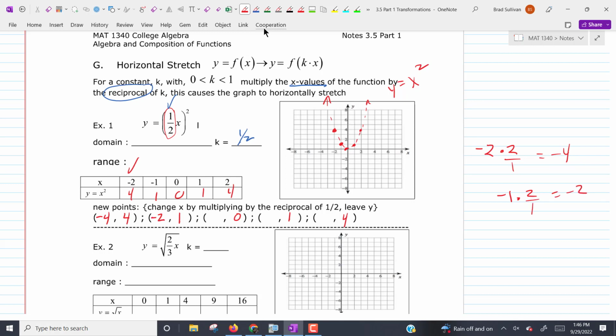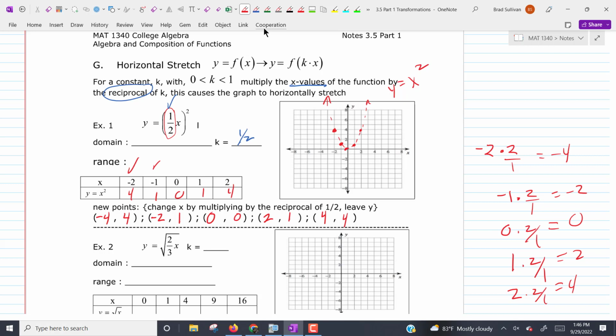The only way you really can make sense of why this is, is to check your points, which I'll show you in a minute. Then we go to 0. 0 times 2 over 1 is 0. Then 1 times 2 over 1 is 2. And finally 2 times 2 over 1 gives 4. Those are our new points.